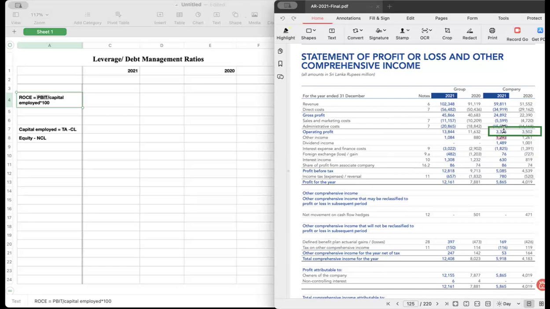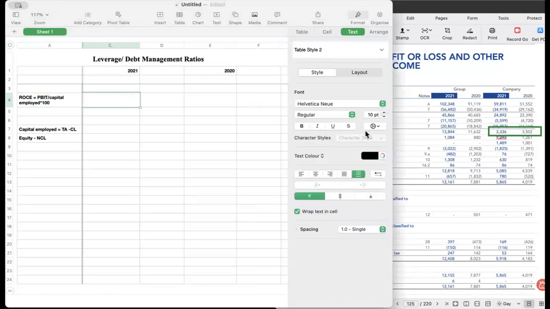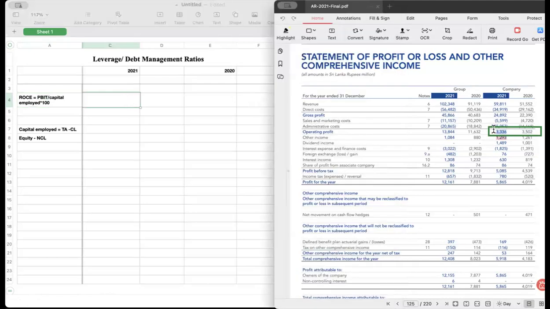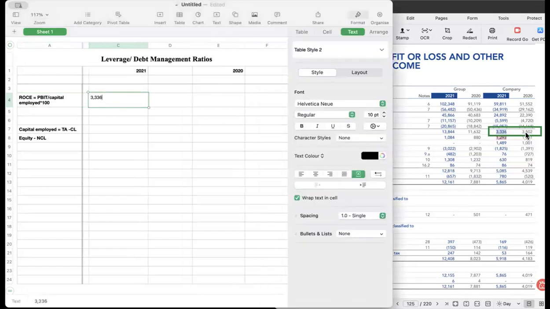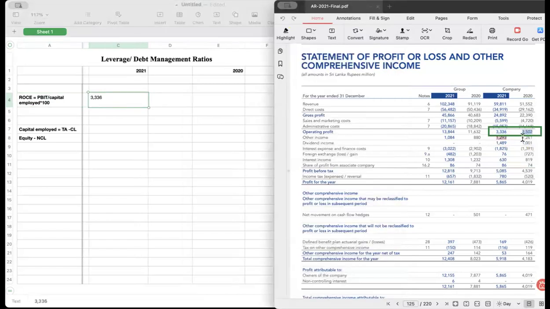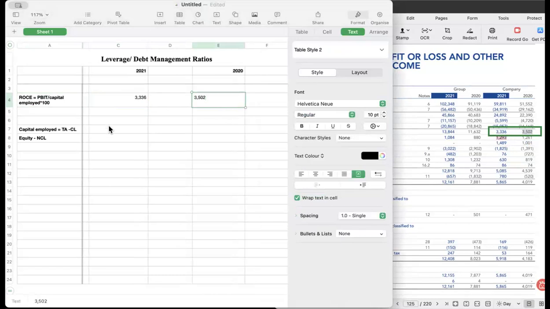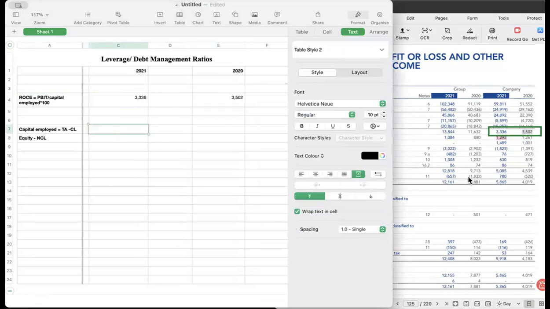But again, I repeat, if you're doing a thorough financial analysis, because you really need accurate data, then you have to go with PBIT or EBIT, earnings before interest and tax, or profit before interest and tax. So here I'm going to use the operating profit alternatively. So 336 for 2021 and 3502 for 2020, and capital employed equals total assets minus current liabilities.